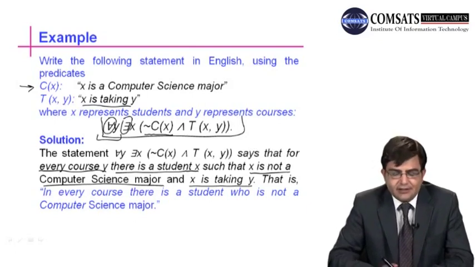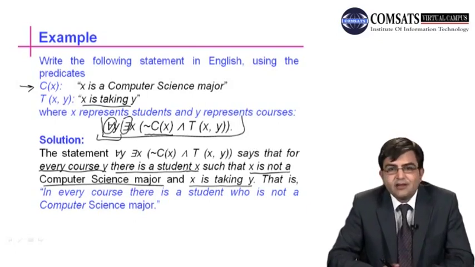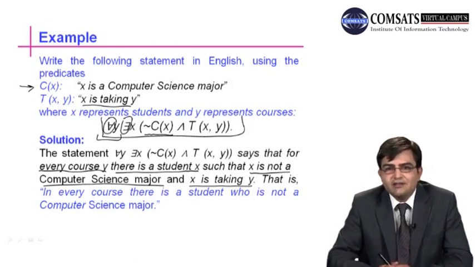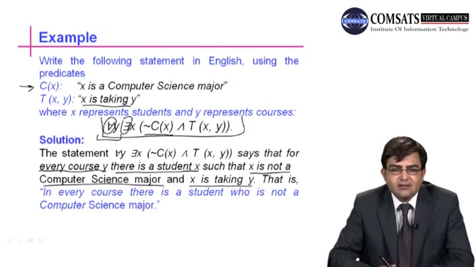So we can translate this statement, and ask when it will be true or false. If in every course there is a student who is not a computer science major, it means there are some engineering or other discipline students taking this course.